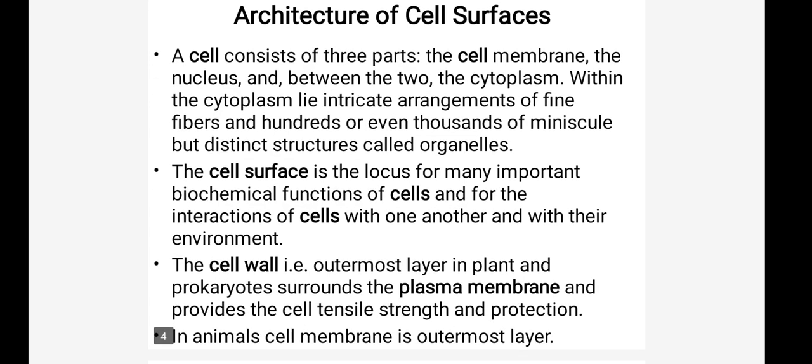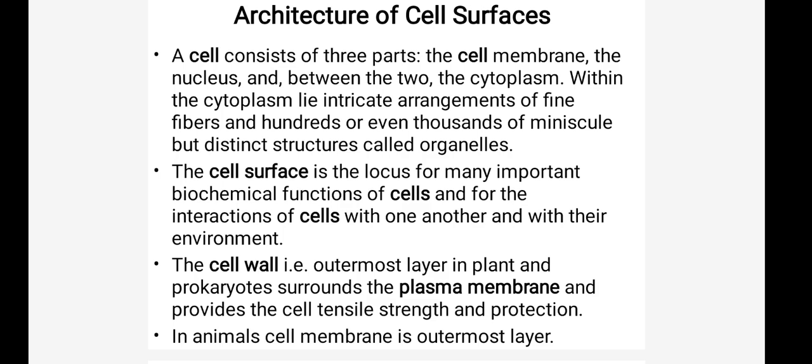Now as we are focusing on the entry of viruses into the host cell, the most important point is the architecture of the host cell surfaces. Normally all cells consist of 3 parts, that is the cell membrane, nucleus and the cytoplasm.